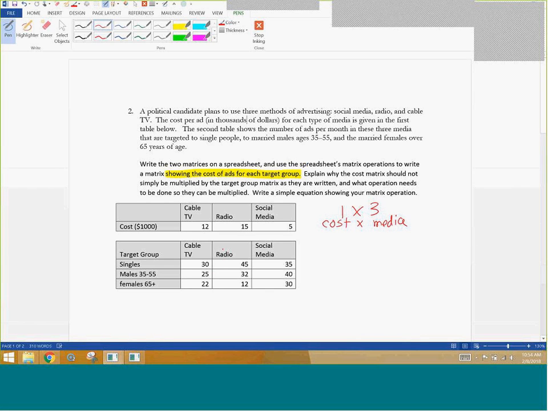This one down here gets ads per month in these 3 medias that are targeted at target groups, so this one is a 3 by 3. I want to note the size, but also the type of rows and columns that I have. Again, when we measure matrices, we always do it row by column. Have to stay consistent. So this is the target group.